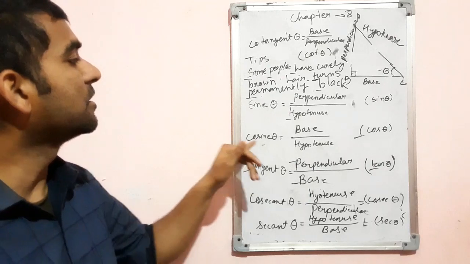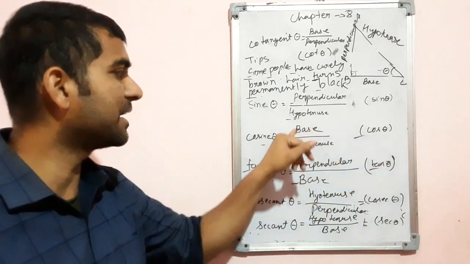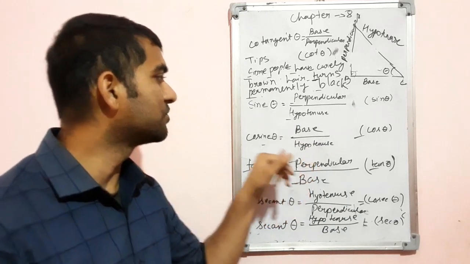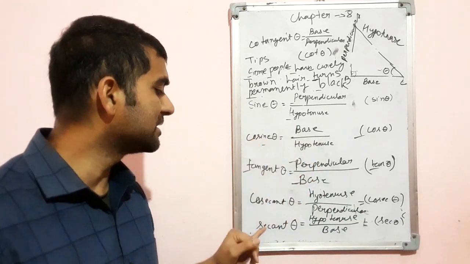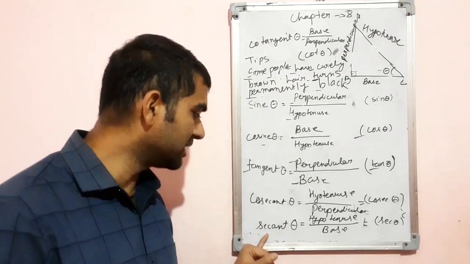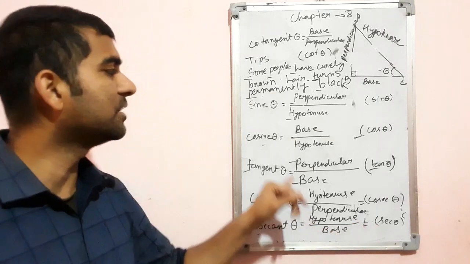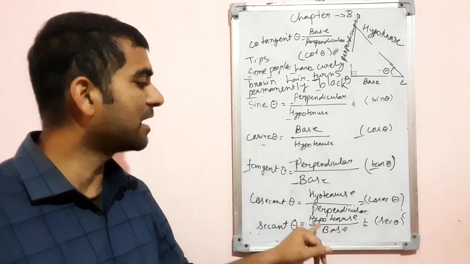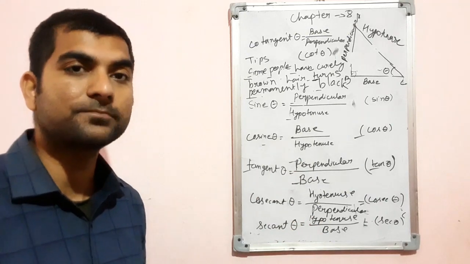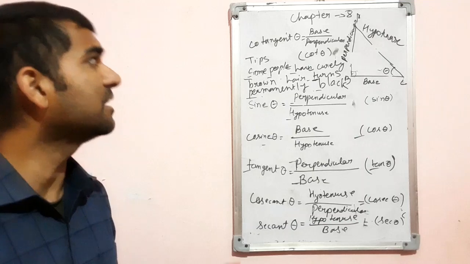Next one is cosine theta, which is base by hypotenuse. So the inverse of cosine is sec, secant in long name. It will be hypotenuse by base. Clear? So I hope you are clear with this topic, right?